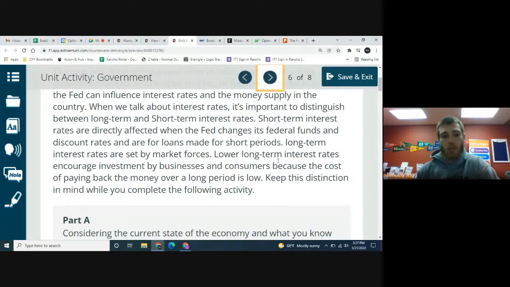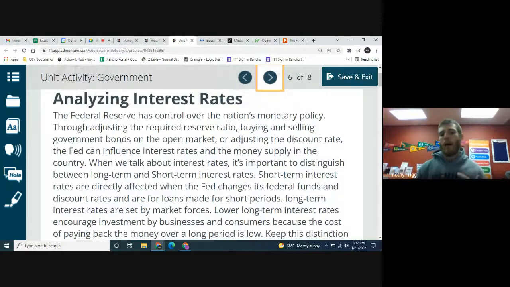Lower long-term interest rates encourage investment by businesses and consumers because the cost of paying back the money over a long period is low. Keep this distinction in mind while you complete the following activity. So this is talking about how the Federal Reserve generally controls the nation's interest rates, the interest rates on loans. That's the main thing we're going to be talking about.